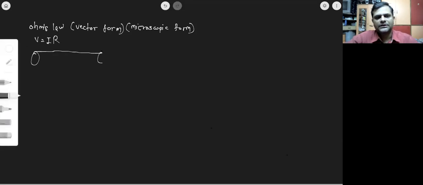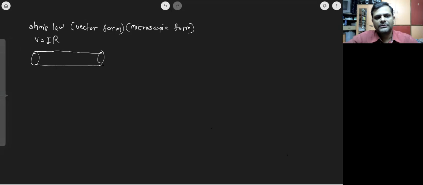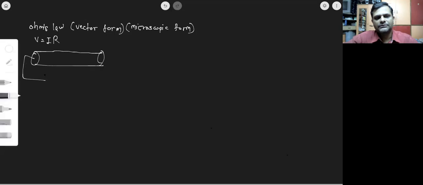Suppose we connect one terminal of that metallic conductor to one terminal of the battery, and the other terminal to the other terminal of the battery. Then we say that a potential difference is created between these two points.